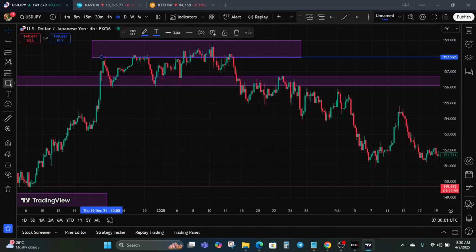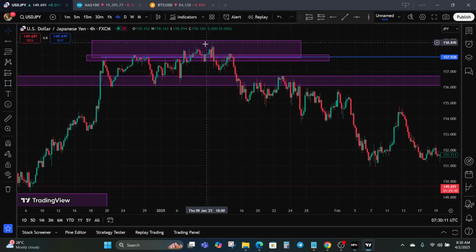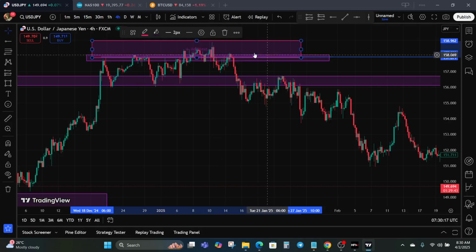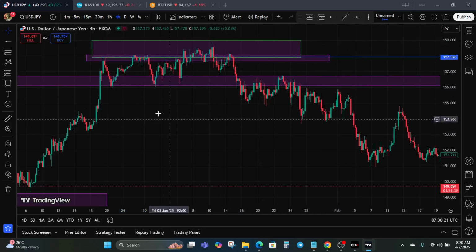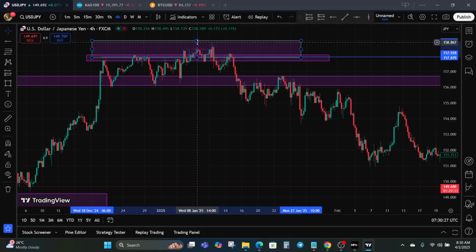Can you see that we have a particular resistance zone around here? It seems like we had a sort of false breakout around this zone, right?